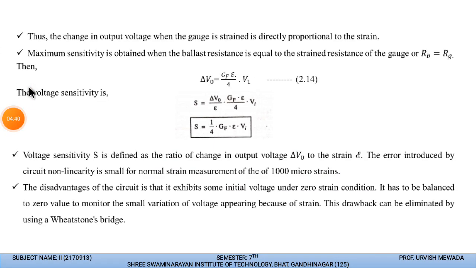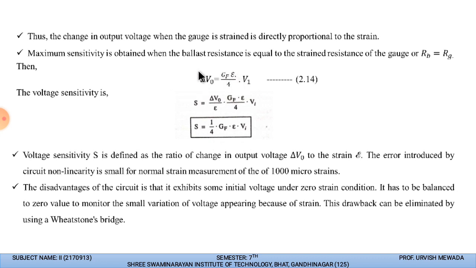So from the previous expression, we can say that the output voltage when the gauge is strained is directly proportional to the strain. The maximum sensitivity can be obtained because sensitivity is directly proportional to the gauge factor, and the gauge factor is directly proportional to the output voltage.